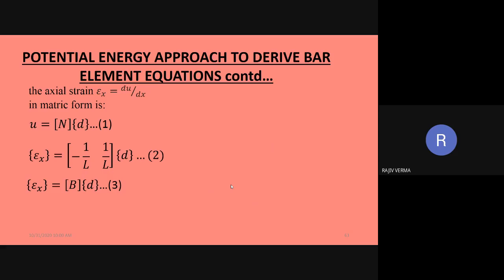This particular matrix has been denoted by B. Throughout the derivation of the entire FEM, we are going to use matrix B, which represents a matrix obtained by differentiating the shape functions. This is given in equation number 3, and B itself is represented in equation number 4.